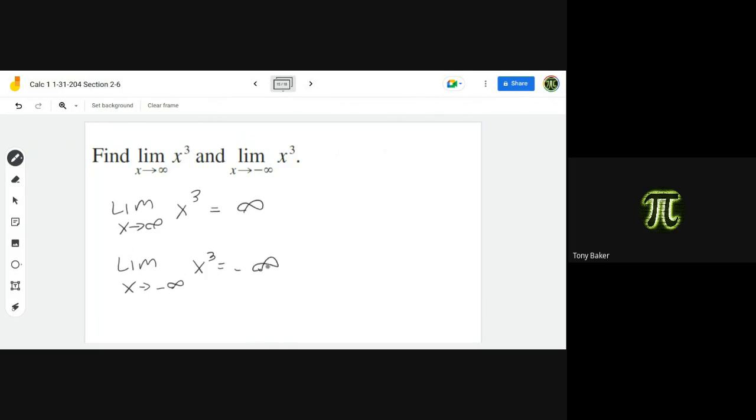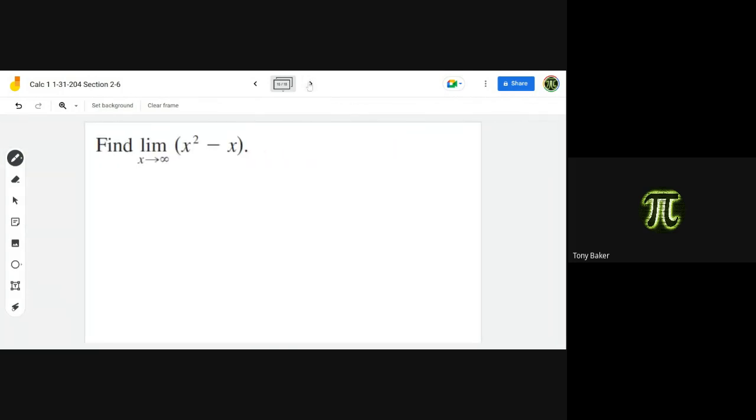Negative infinity. What did you call that in pre-calculus? That was end behavior. Your even roots went to the same, your odd roots went to the opposites. Okay. Good. What about this one?